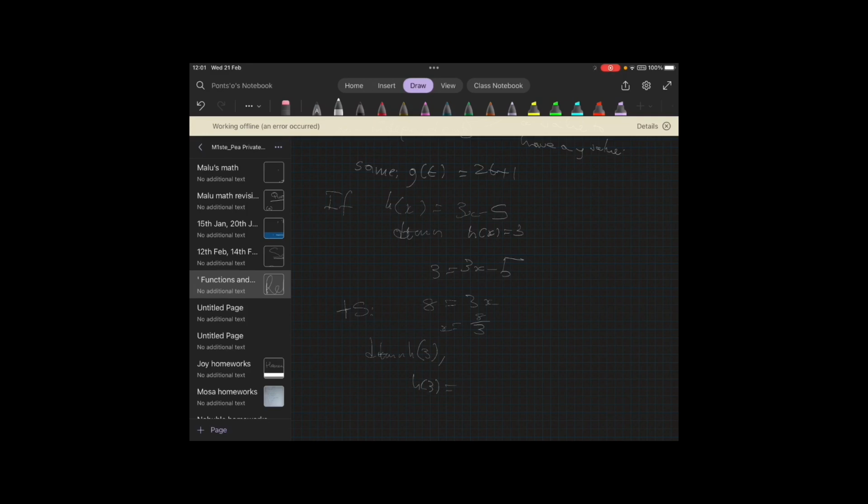So h of 3 would be 3 times 3 minus 5, which is 9 minus 5, which is 4.